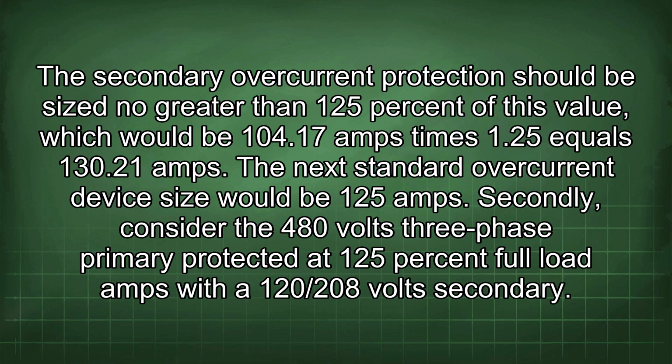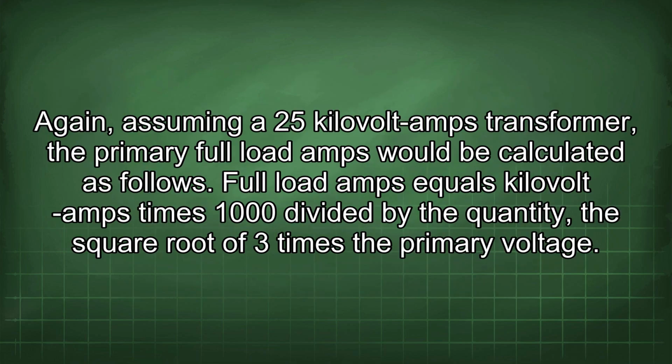Secondly, consider the 480 volt three-phase primary protected at 125% of full load amps, with a 120/208 volt secondary. Again, assuming a 25 kilovolt amps transformer, the primary full load amps would be calculated as follows. Full load amps equals kilovolt amps times 1000 divided by the quantity, the square root of 3 times the primary voltage.